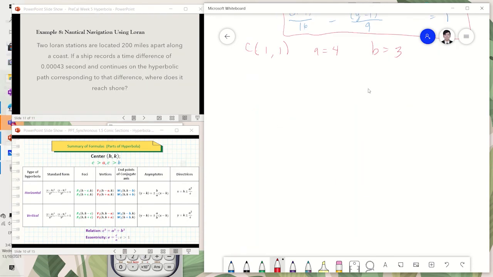Okay, our last problem is about nautical navigation using LORAN. So I hope you were able to search on your own what a LORAN is. So the meaning of LORAN again is long range navigation. Okay, so actually there's a missing information in example 8. So I would like to use this opportunity to add what's missing.